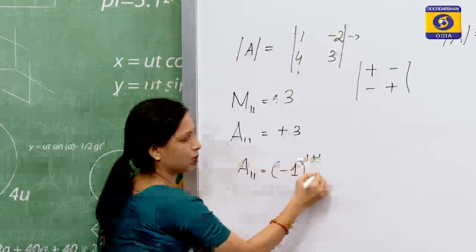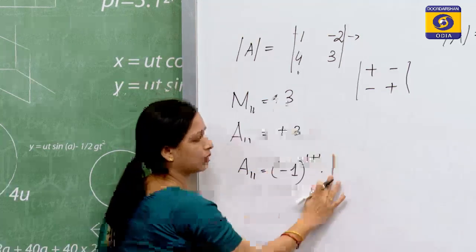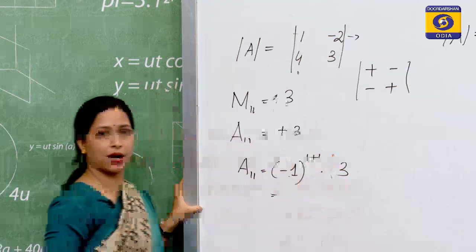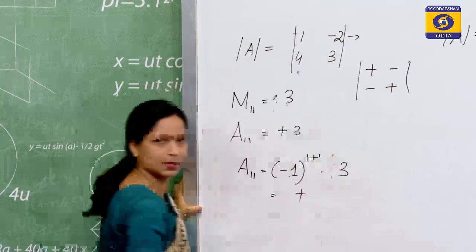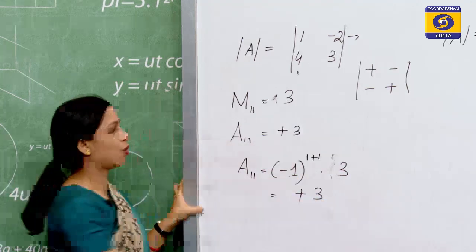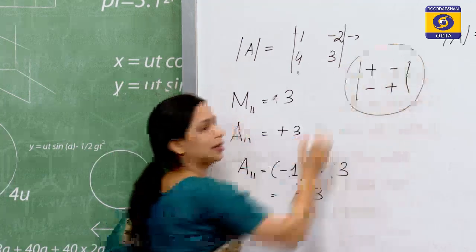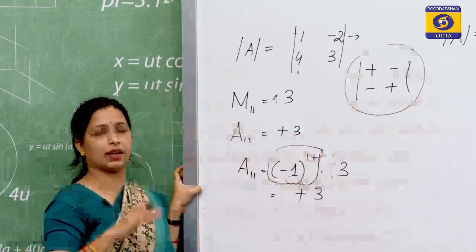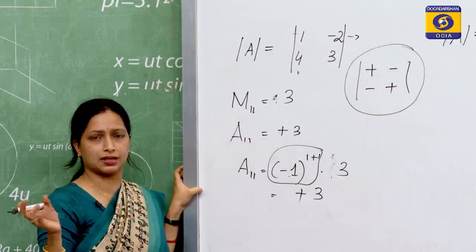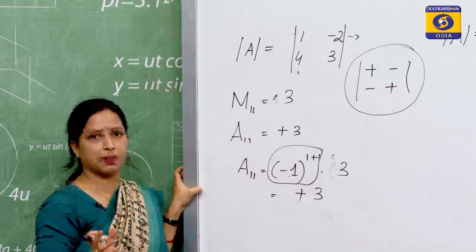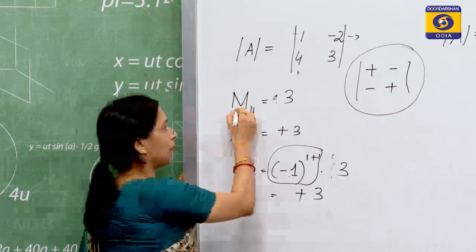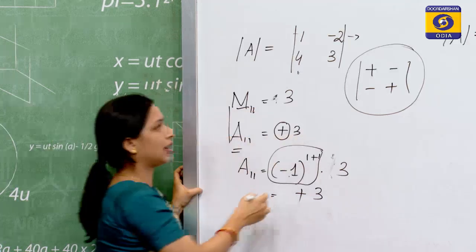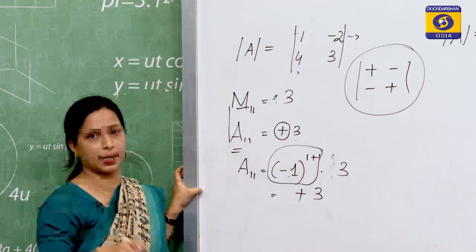So, 1 plus 1 is 2. So, minus 1 to the power 2, the sign is plus. So, plus 3. So, whether we remember this diagram, or we remember this formula, or we remember that if the sum is an even number the position sign is plus, whichever thing we remember, we must know that the difference between minor and cofactor is just the sign. It may be the same, it may change to minus, right.